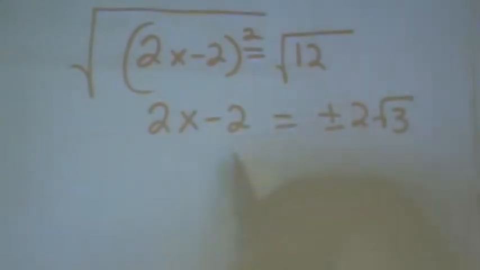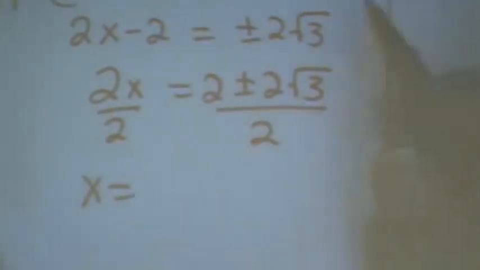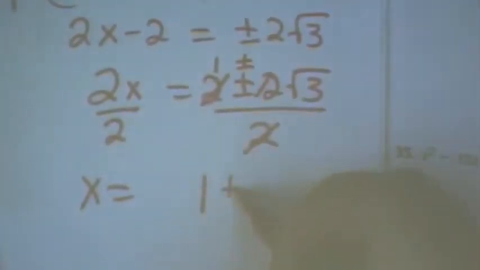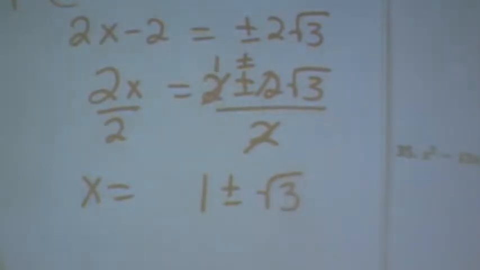Add 2, and then divide by 2, because you have something next to it. Now, can you simplify this? Yeah, take 2 out of all of them. 2 can go out of all of these, so the answer is 1 plus or minus square root 3. Good job. Okay, that's what we did yesterday.